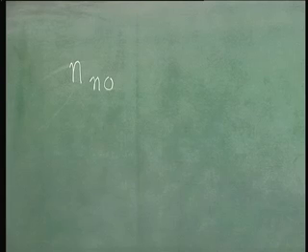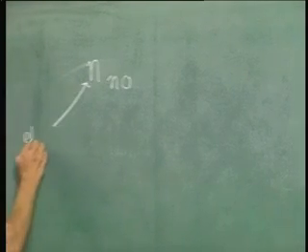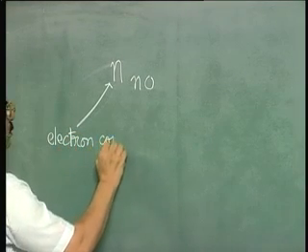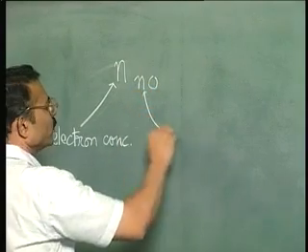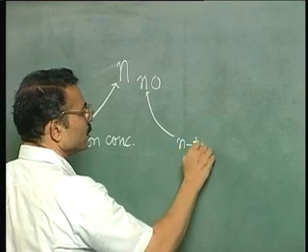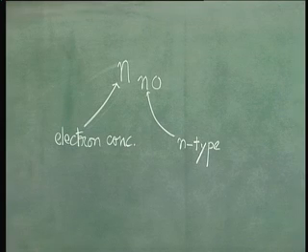Now in this notation, this N stands for electron concentration. This N stands for the type of the semiconductor, that is N type. As you know, an N type semiconductor is one in which electrons are in a majority.